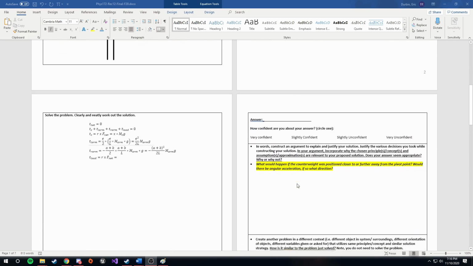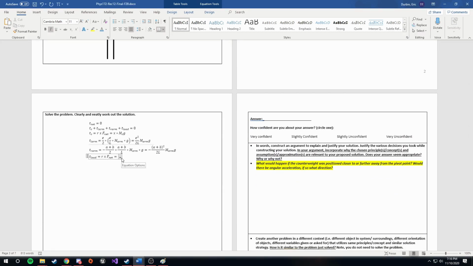Yeah, it'd be negative. If we needed to do anything with energy, then we would need the heights, but if it's torque, I don't think we need the heights.